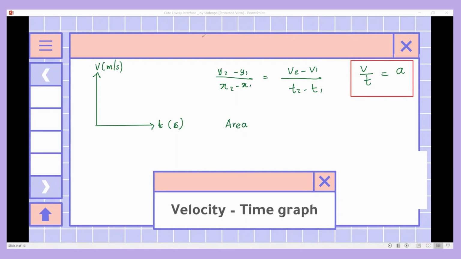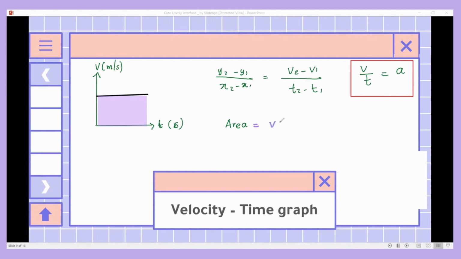So when we have a plot like this, if we are calculating the area under this graph, obviously this area is going to be equal to the distance traveled by the object. Because here this is a rectangle and the area of the rectangle is length into width.